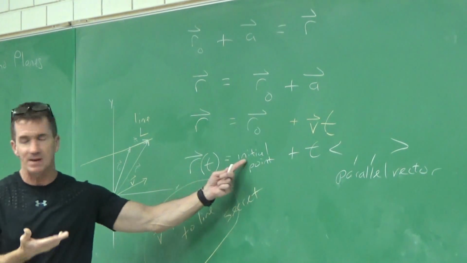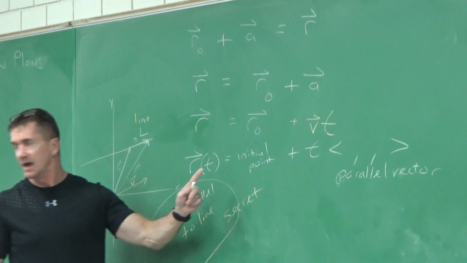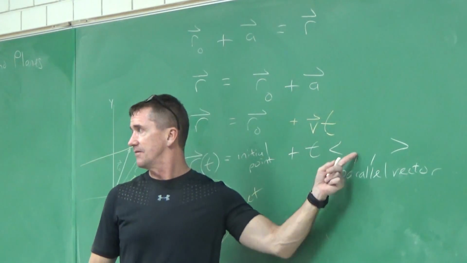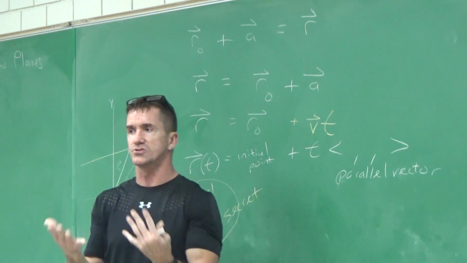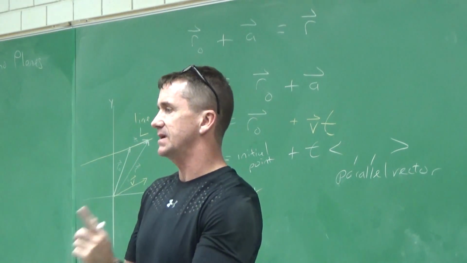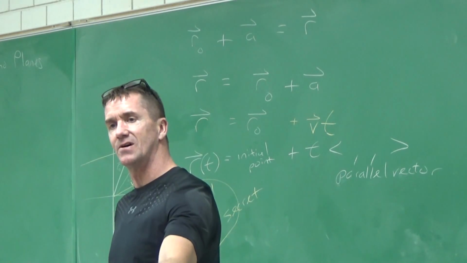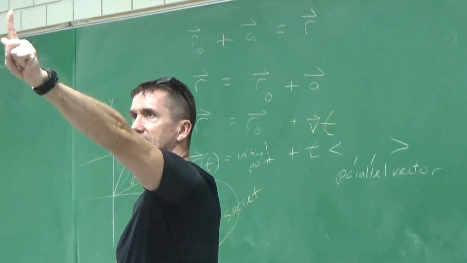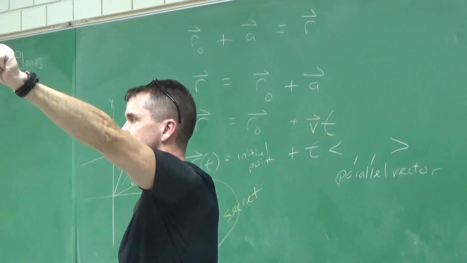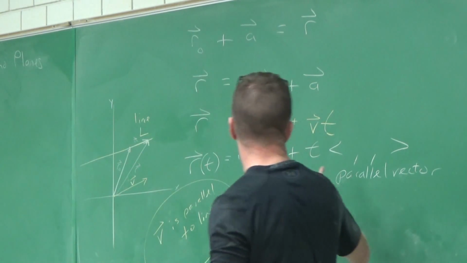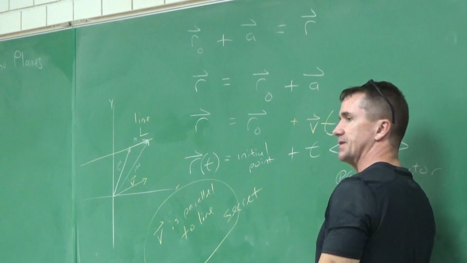I wrote initial, it could be any point on a line, and you need a parallel vector. All right, so we'll start with a simple example. The key is to describe any line in three-dimensional space from here on out. You need a point on a line, just one, but you also need a vector that is parallel to the line.